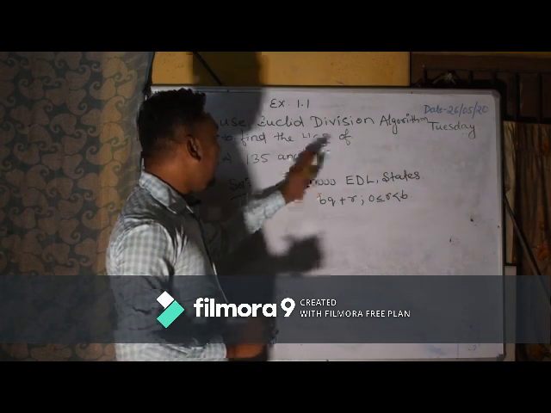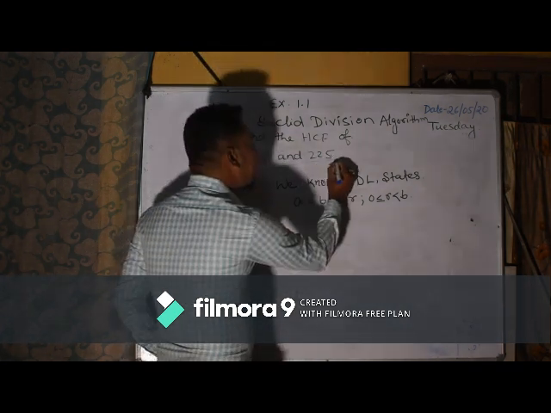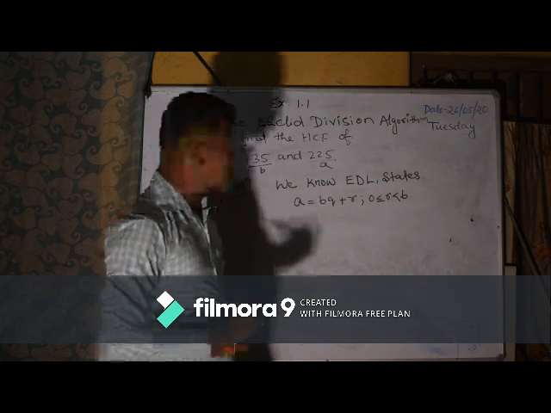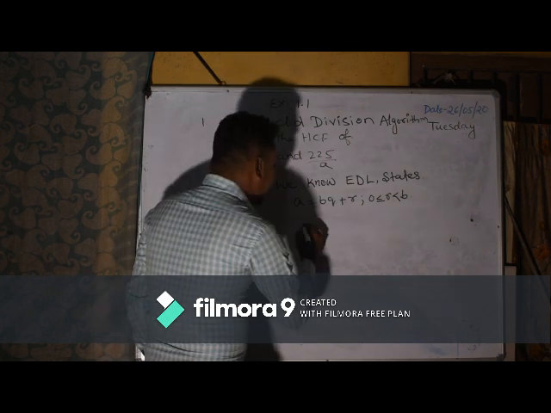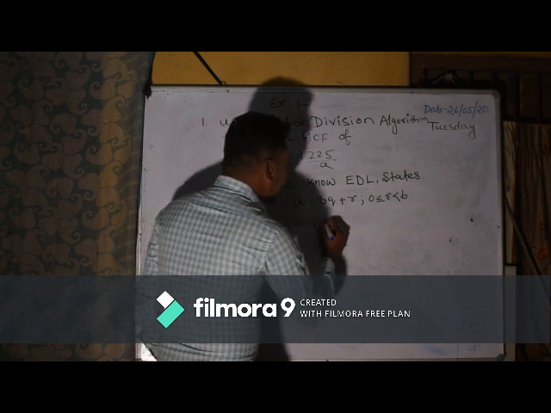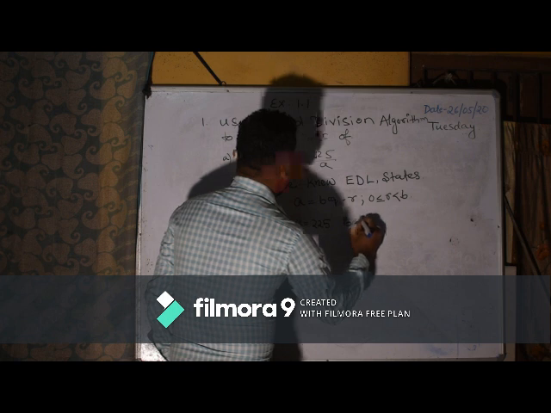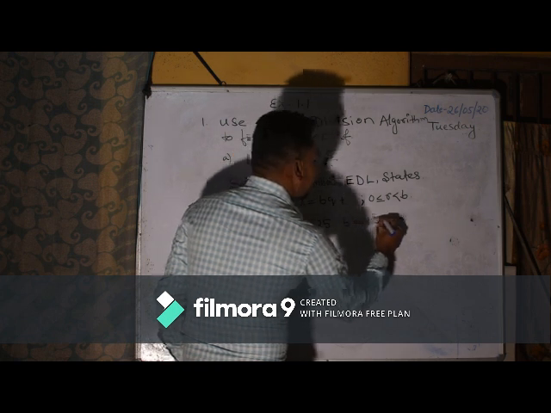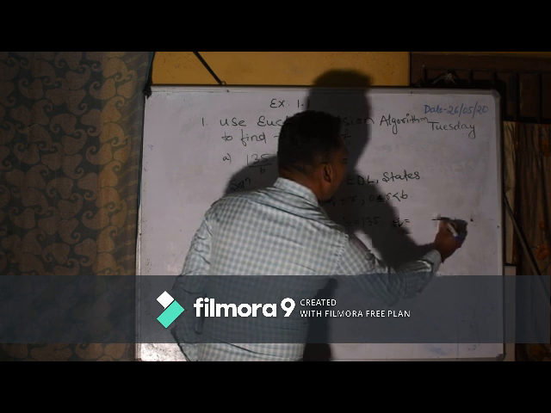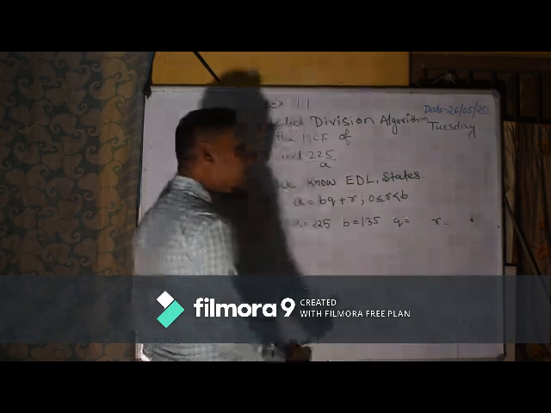Which one is a here? This number is a and this number is b. So a is equal to 225, b is equal to 135, while we have to find q and r. How can we find this q and r?